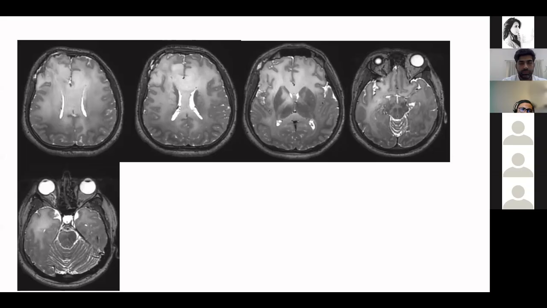But in this case, since this is a very young patient having a very diffuse abnormality, and we cannot offer him gross total resection apart from a good radiation dose, is there any role of immunotherapy or any targeted therapy we can offer him?